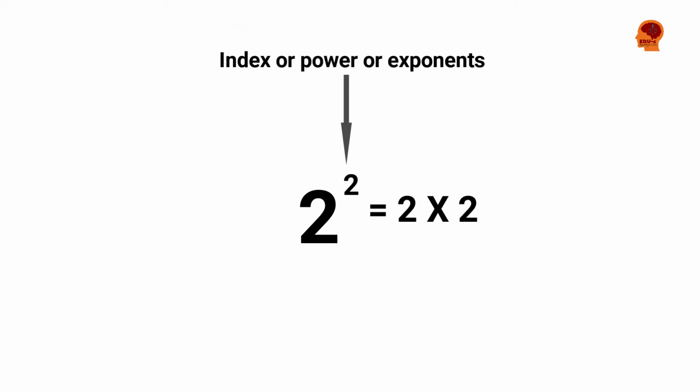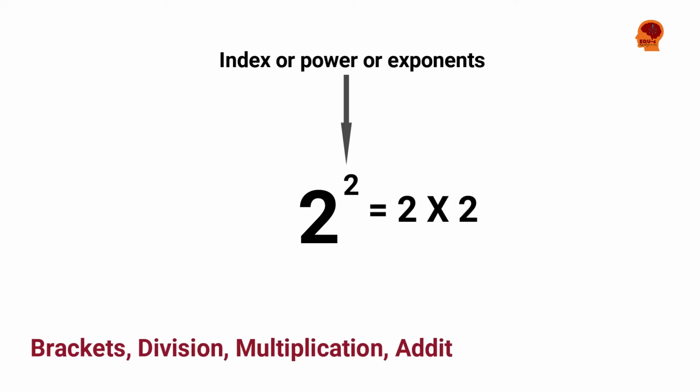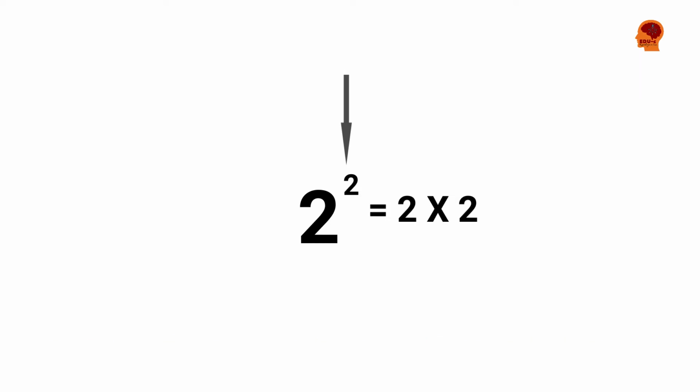Now, we have all heard of brackets, division, multiplication, addition, and subtraction. Do not forget also that in mathematics, you replace orders with indices if you are using BIDMAS. It's the same thing. The only difference is the replacement of the word orders with indices. Now what is the correct order of operations?